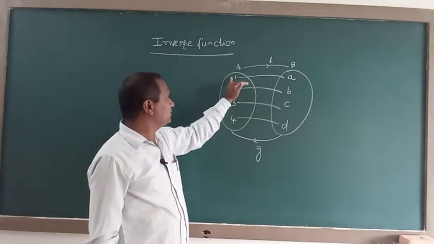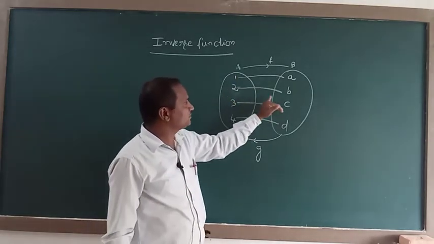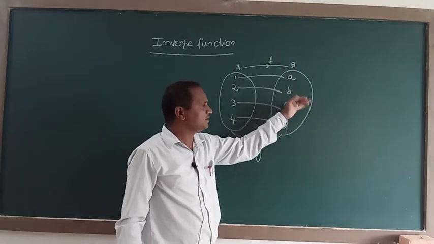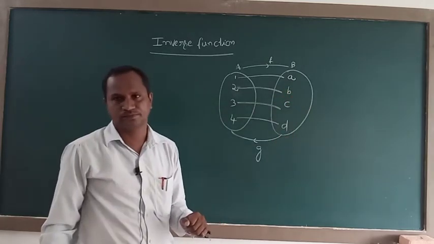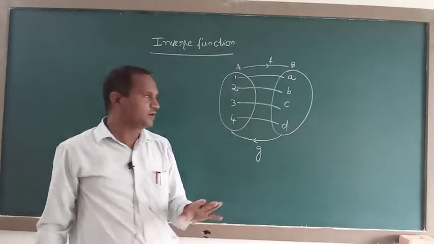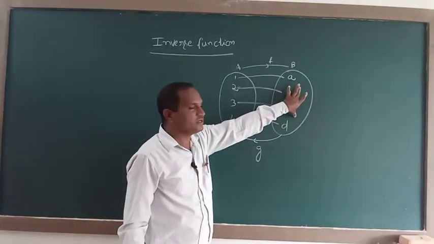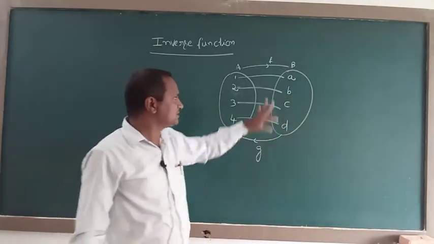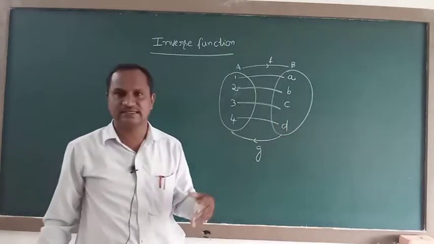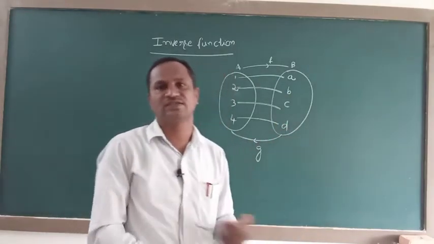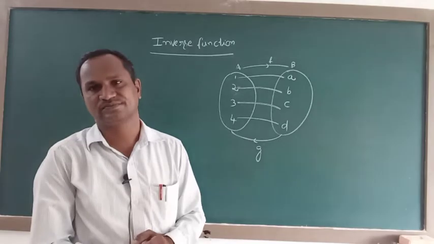One-one means different elements of domain A are associated with different elements of codomain B. Then f is said to be onto if codomain is equal to range. Here codomain is a, b, c, d, range is a, b, c, d. That's why f is said to be onto also.